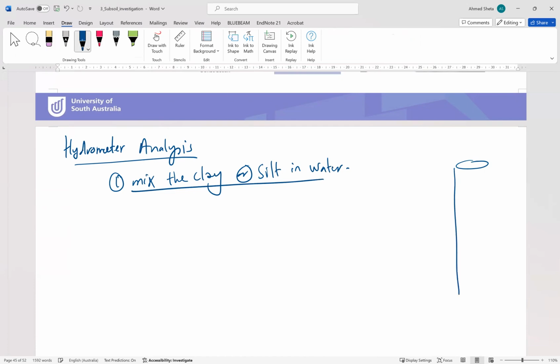So if you look at the previous slide, you have this testing tube, and then you have a mixture of the soil and water.